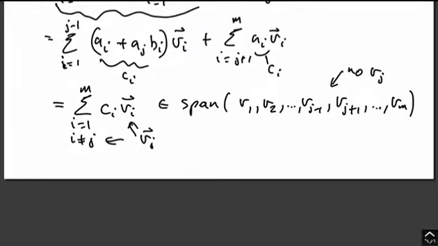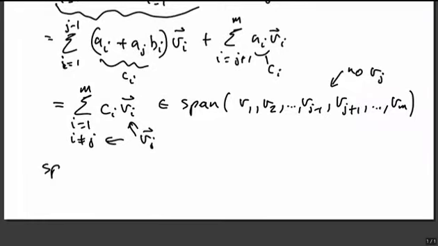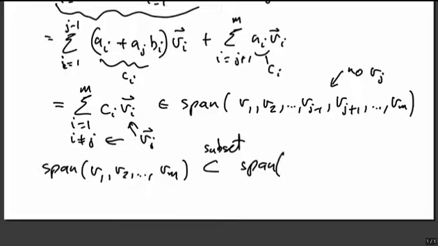When you show things like this, what this shows is that the span of v1, v2, vm is a subset of the span of v1, v2, vj minus 1, no vj, so the next one is vj plus 1, up to vm.